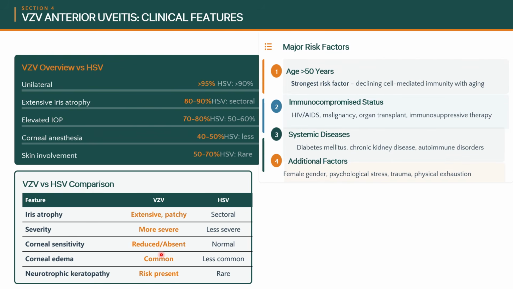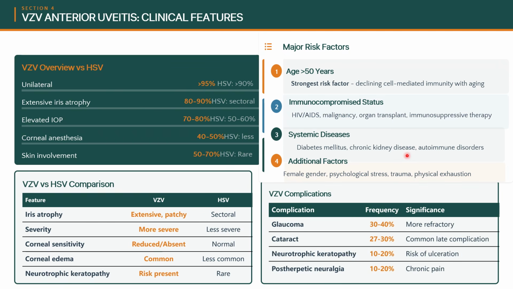And varicella zoster is common in people beyond the age of 50 to 60 years, unlike herpes simplex, which has a wide range, and it is always associated with immune suppression or with diabetes mellitus, chronic kidney disease, or patients on transplant. The famous ocular complication of varicella zoster is glaucoma, very refractory to treat. Also cataract, neurotrophic keratitis, and post-herpetic neuralgia.